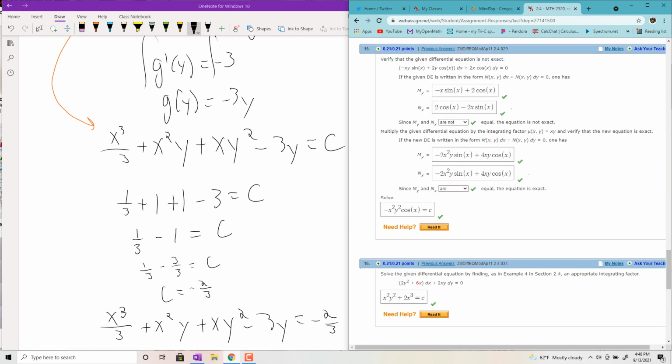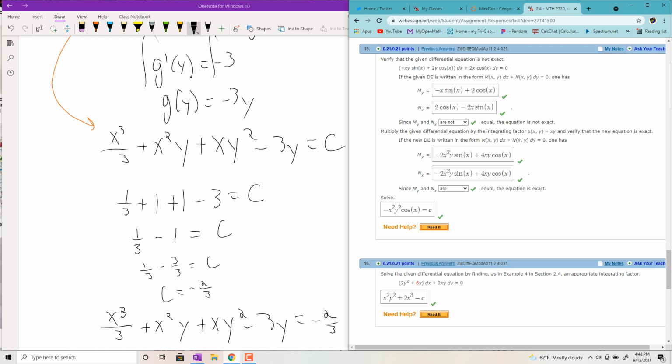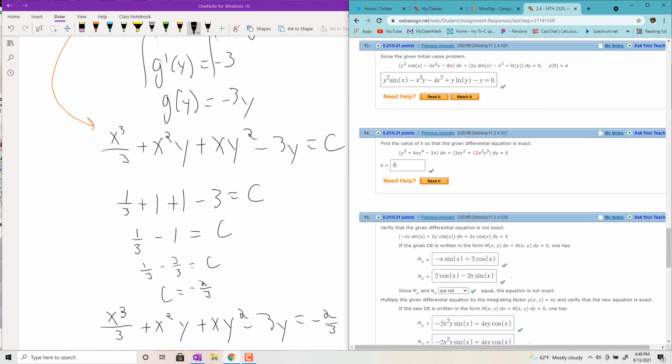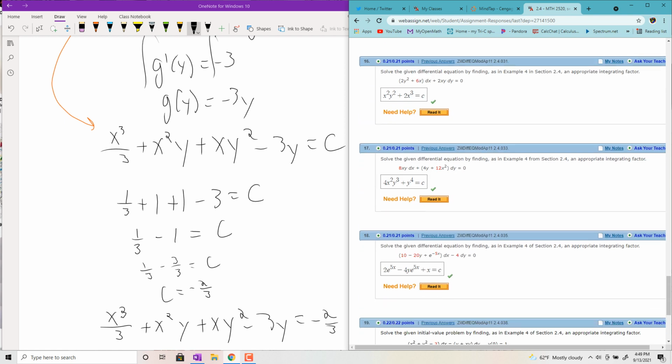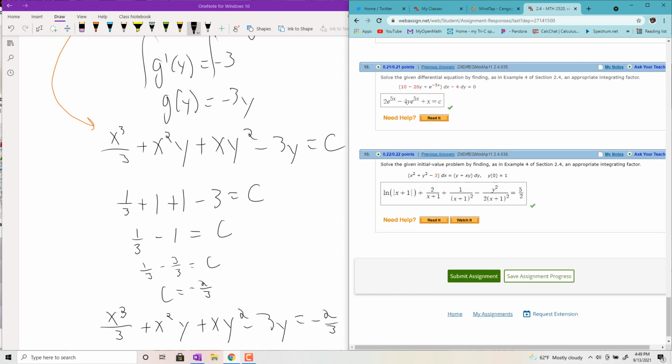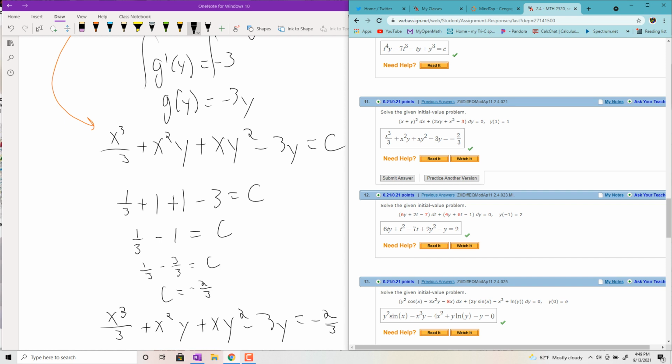Oh, and I'm not putting the integrating factor exact equations on the test. So you don't have to worry about like 15 or 16 or any of these, 17, 18, 19. I think those are all integrating factors, just the normal ones.